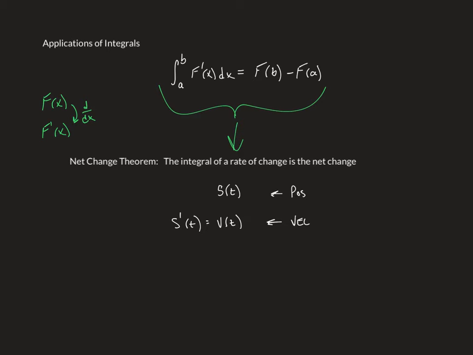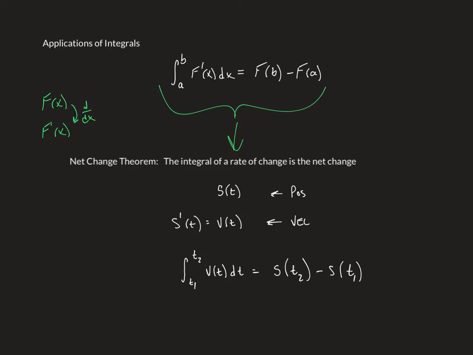So then, since velocity is the derivative of position, then we could say that the integral from some first interval in time to another interval in time of the velocity function with respect to time is equivalent to the difference in the position function over that interval.